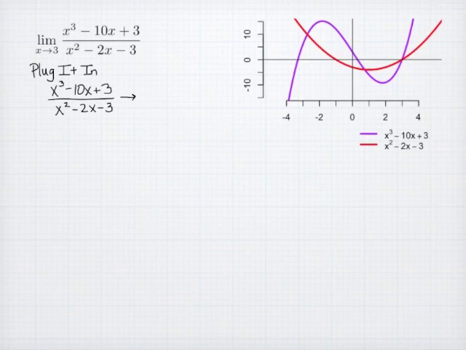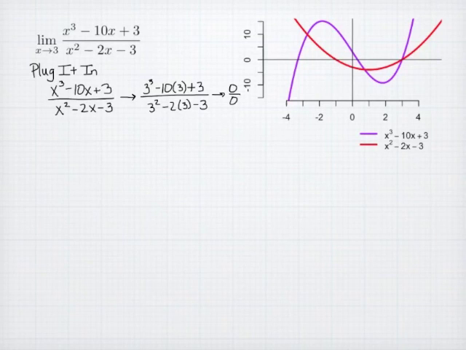When we plug it in, we get 3 cubed minus 10 times 3 plus 3 on the top, and on the bottom we get 3 squared minus 2 times 3 minus 3. In both cases, I get 0 over 0.